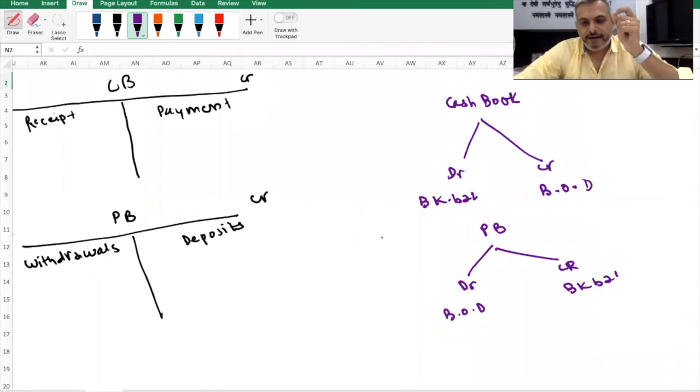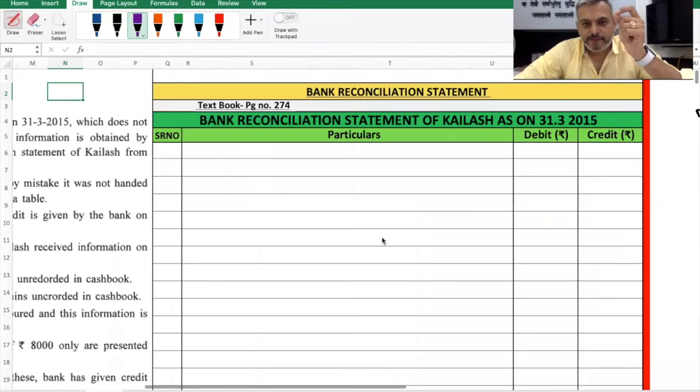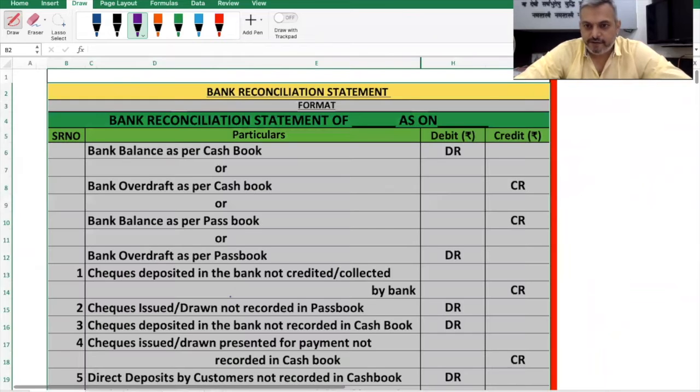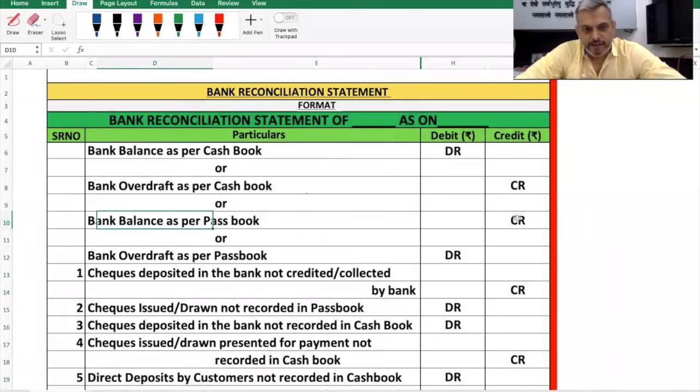You have to write bank balance as per passbook. Go back to the format you did yesterday. You can keep it handy till you become confident. In the passbook, we have two options: one is bank balance as per passbook, another is bank overdraft as per passbook. If it is a credit balance, it is bank balance as per passbook.